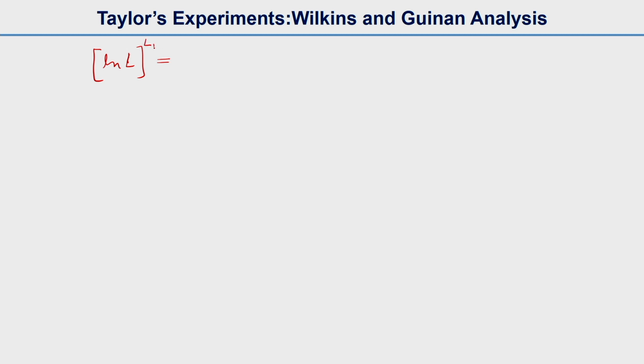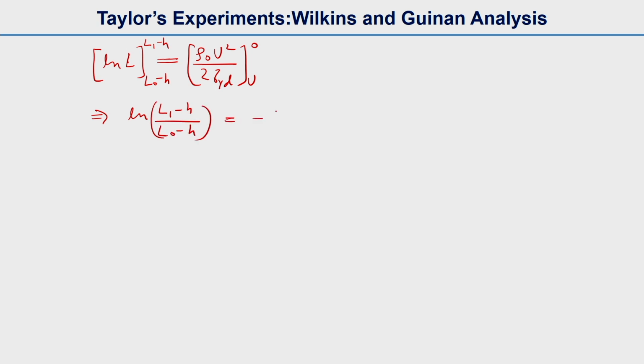So for that they have the limit L naught minus h to L1 h is equal to rho naught u square by twice sigma yd, u to 0. So this will give us ln of L1 minus h by L naught minus h, equal to rho naught u square by twice sigma yd.